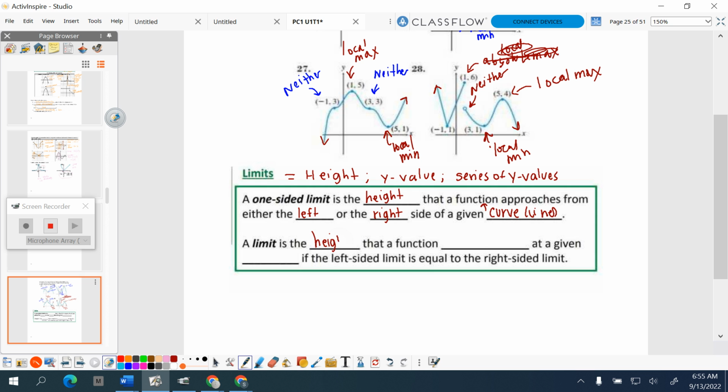It is the height that a function hits at a given height.